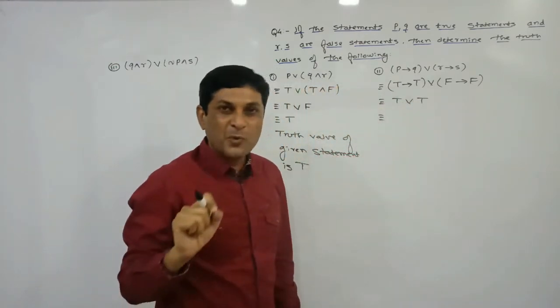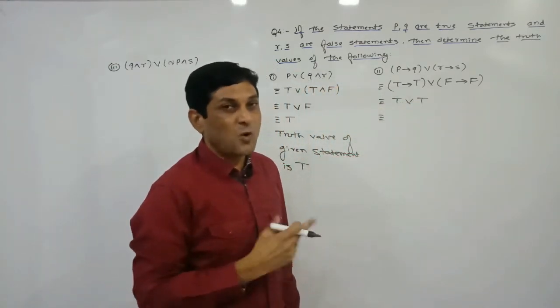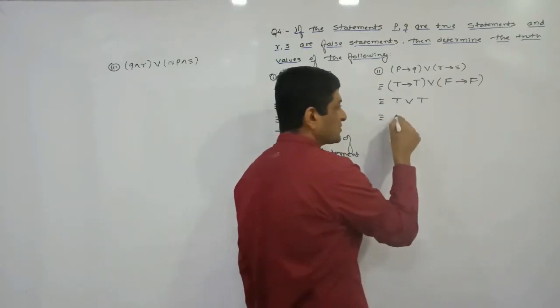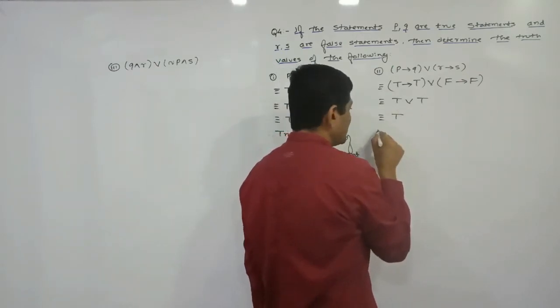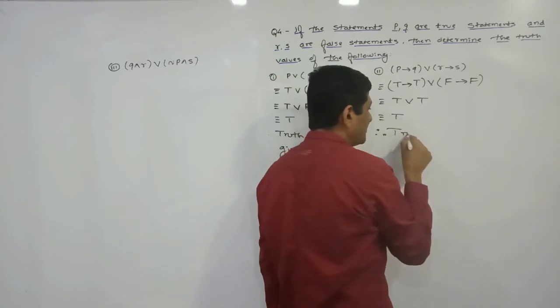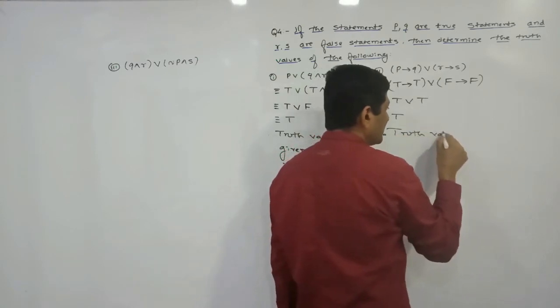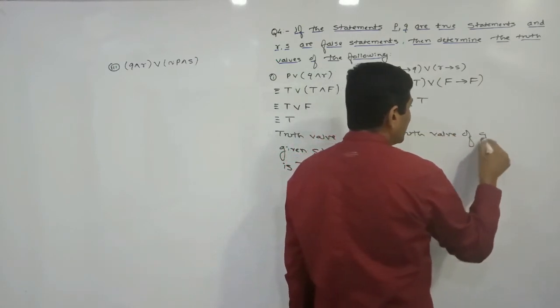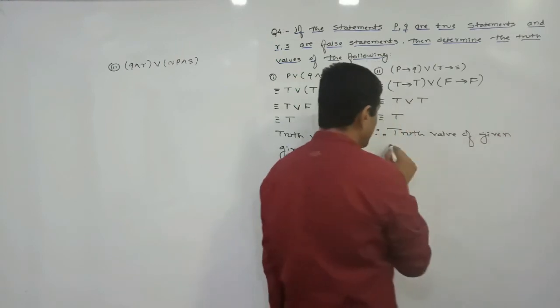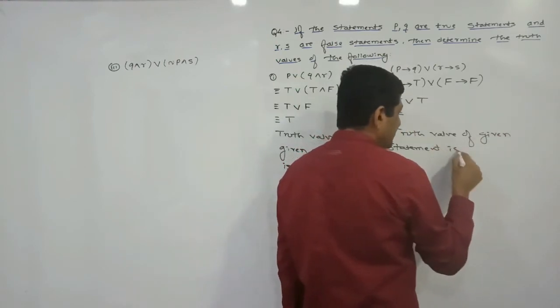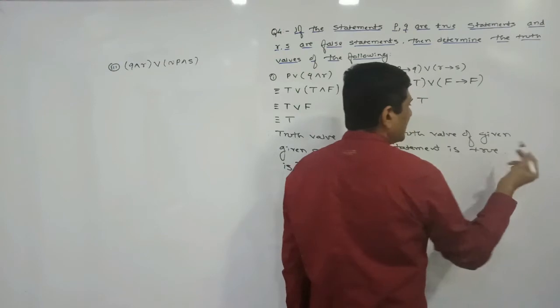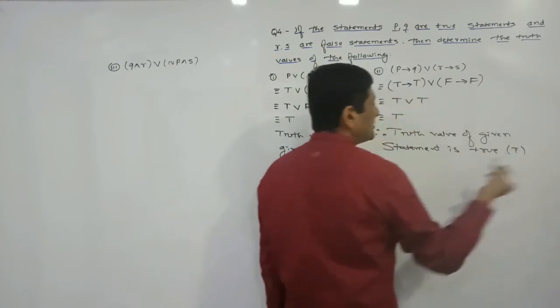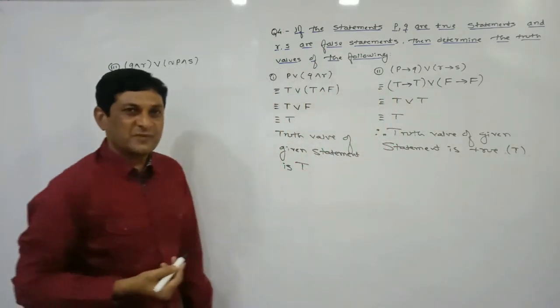OR, and in case of OR, if at least one statement is true, OR will be true, so here its truth value will be T. So therefore the truth value of the given statement is true, or we can say T. In this way we have got the truth value of this given statement.